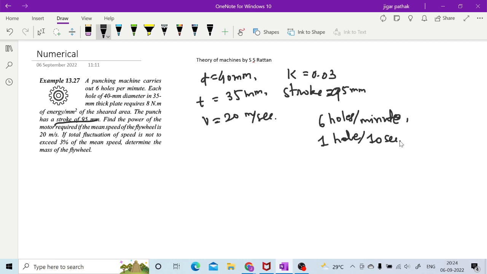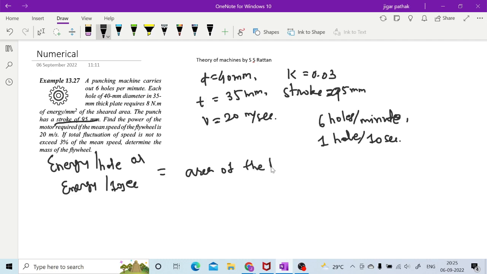So if you go for finding energy per hole, or energy per 10 seconds, then it will be equal to the area of the hole into energy required per mm square.